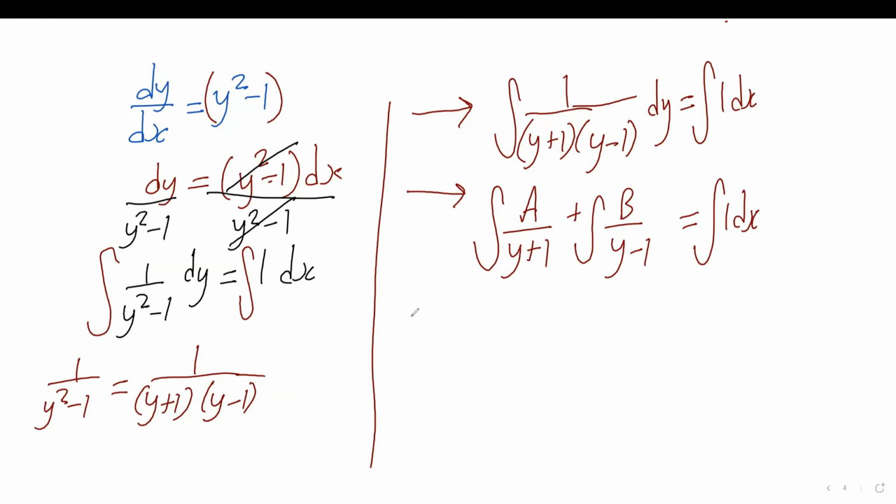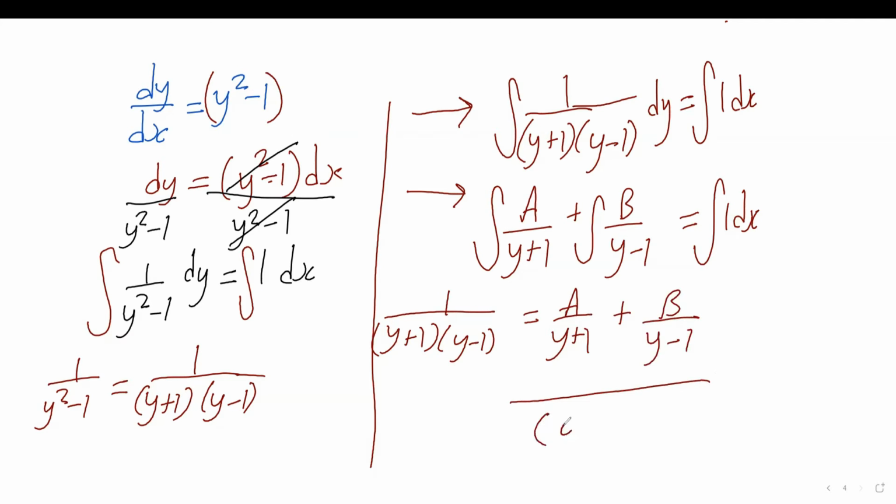So in any case, we can say 1 over y plus 1 times y minus 1 is equal to a over y plus 1 plus b over y minus 1. Draw the fraction, y plus 1, y minus 1. Putting y plus 1 and y minus 1 into the denominator, that gives us a times y minus 1 plus b times y plus 1, and this is equal to 1.